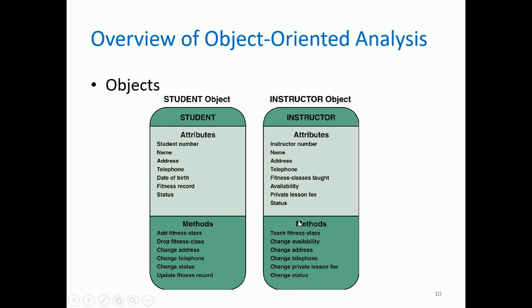While the instructor object differs from the student object because the instructor has teach fitness class, change availability, and change private lesson fee. So this is an example of objects with common attributes, but they have unique attributes and methods to distinguish them from one another.